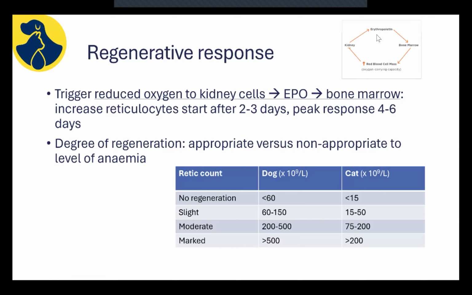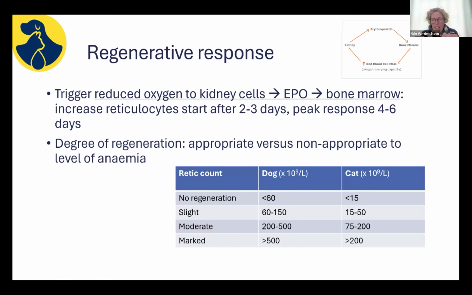So you get an increased erythropoietin level, which will take it to your bone marrow, and that will stimulate your red blood cell line to produce more blood cells. There's a little bit of a lag phase from the release of erythropoietin to the stimulation of the bone marrow, which needs to stimulate those earlier precursor cells to start dividing to produce more red blood cells, or initially reticulocytes, and kick those out into the blood.